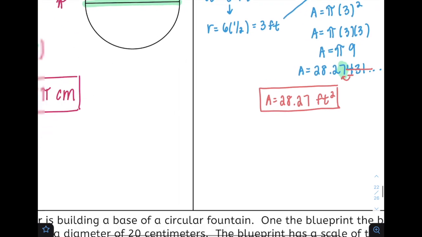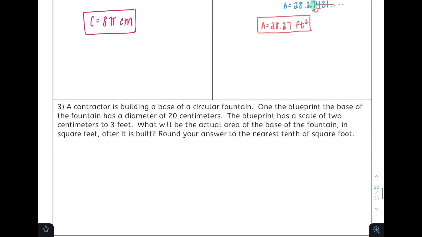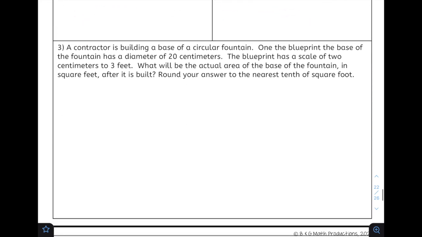Okay. Let's try number 3. Number 3 is a little bit tricky. So just to go over the different steps you would have to make, this is applying prior knowledge from Unit 2, scale factor. So we have a circular fountain, or the base at least.